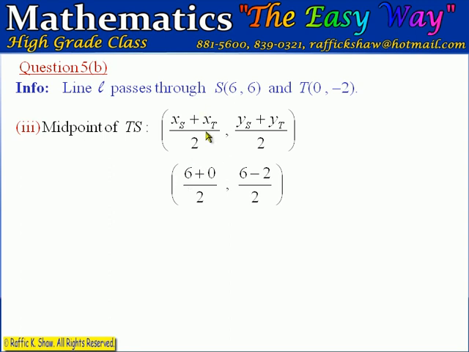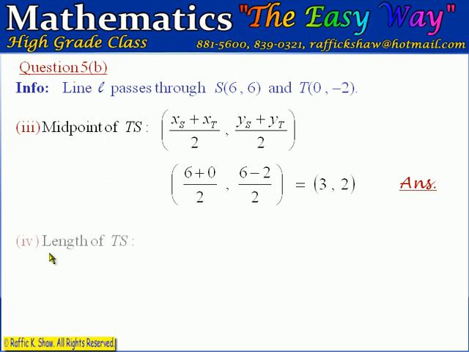XS is 6, xt is 0, ys is 6, that's here, and yt is negative 2 here. And then we're dividing this by 2, and we're dividing this by 2. So that's 6 divided by 2 is 3, and 6 minus 2 is 4, divided by 2 is 2. So that's 3, 2. And so the midpoint of TS is the point 3, 2.